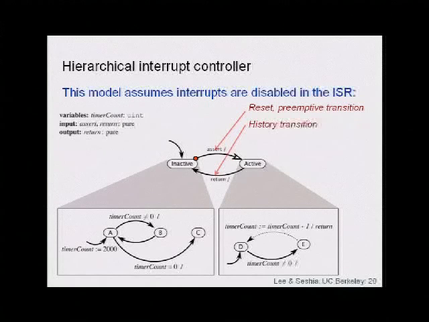You don't want to start in D, I think, for this. You should probably start in idle. Yeah, that's a good point. What we really should have is an idle state which reflects the fact that the interrupt service routine is not active.